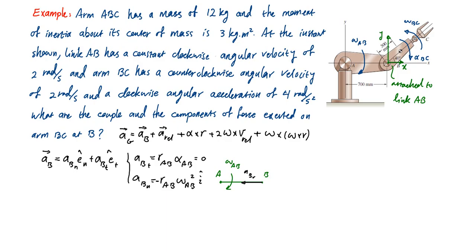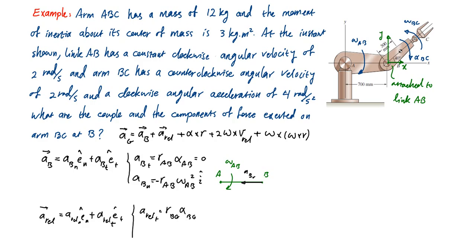On a curve. Since it's on a curve, again, it's going to have a normal and a tangential component. So there we can write it this way: A relative, as a vector, would be A relative in normal direction plus A relative in tangential direction, e_t. Well, two components. A relative in tangential direction, let's find that first, would be R, whatever the distance of this point is from the origin of the local frame, that would be R_BG, alpha BG.